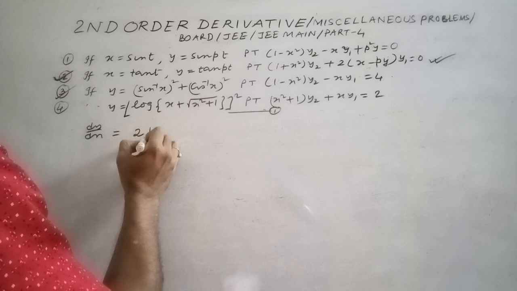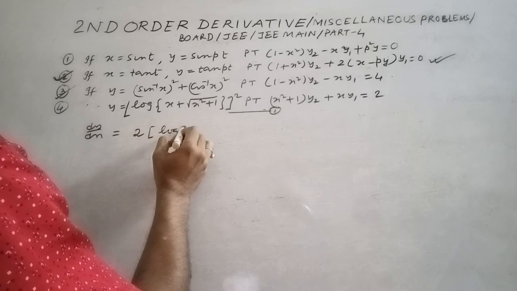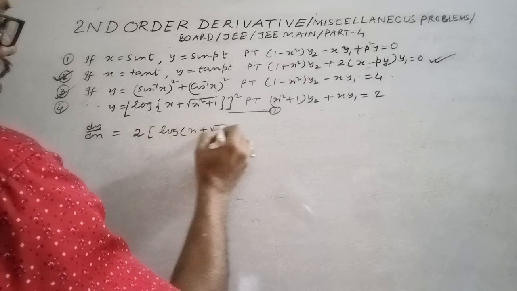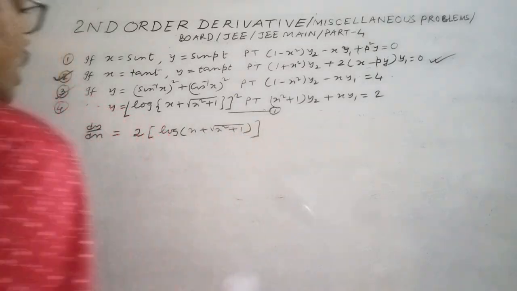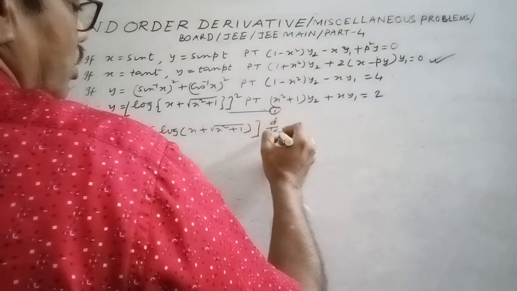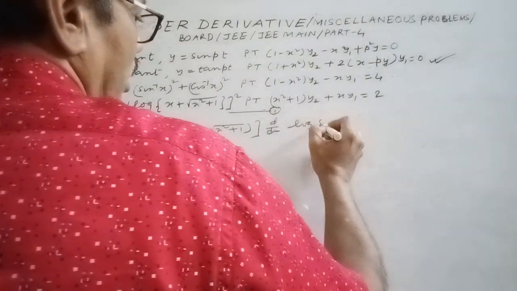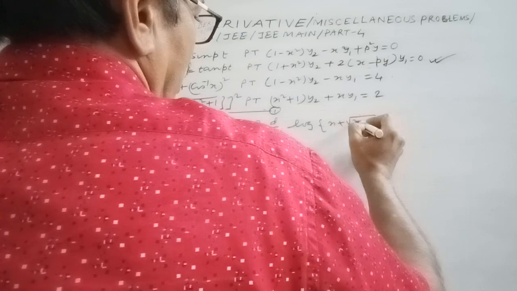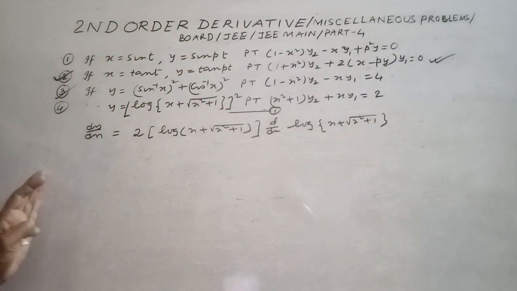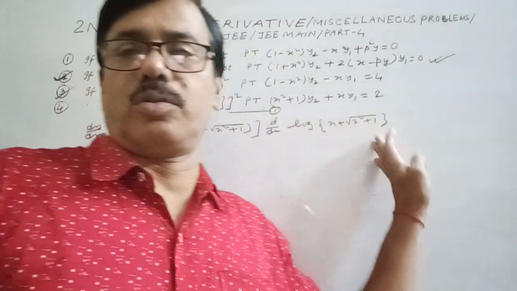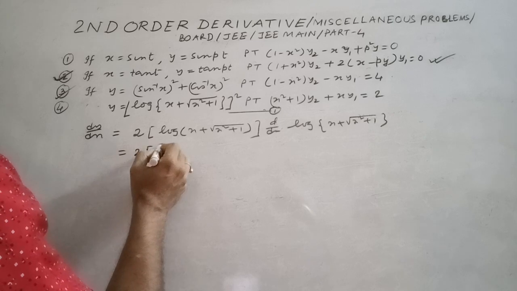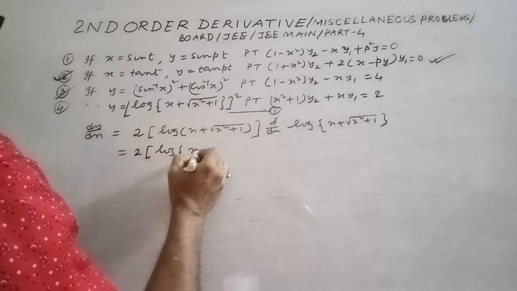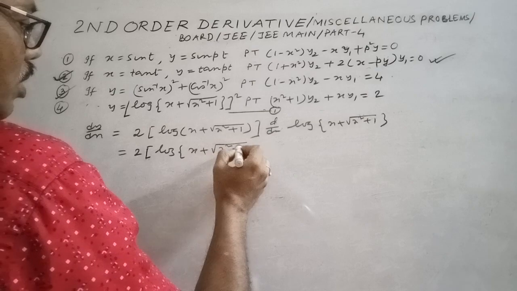So 2 comes forward, power diminished by 1. So 2 log x plus root under x square plus 1 into d/dx of log x plus root under x square plus 1. Now differentiate this one.